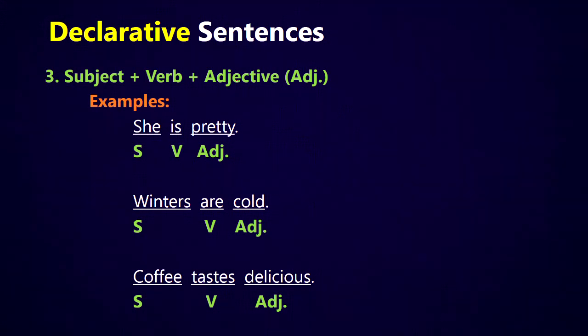What happens in these sentences is the adjective after the verb is actually describing the subject. So the organization is the same. We have the subject and the verb, but then after the verb, because we have an adjective, that means that this sentence is describing the subject.